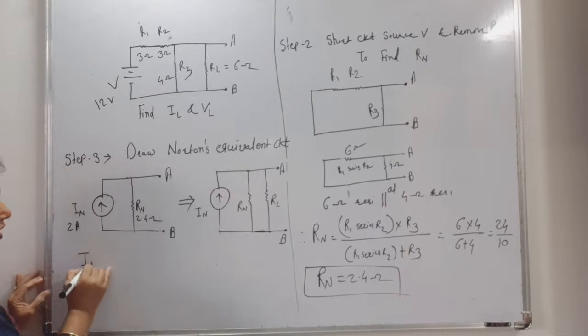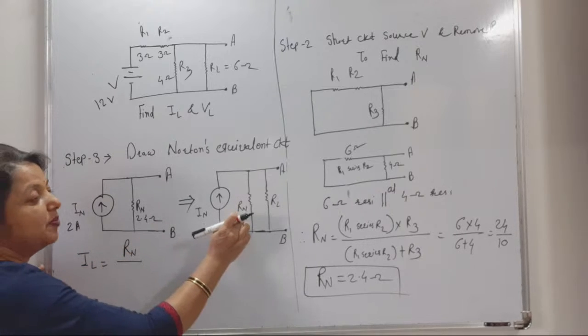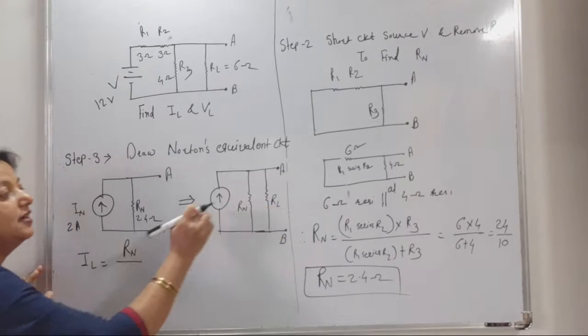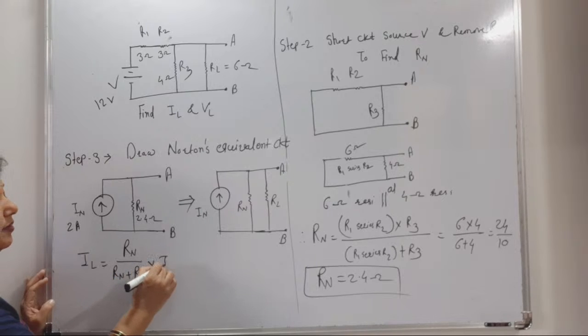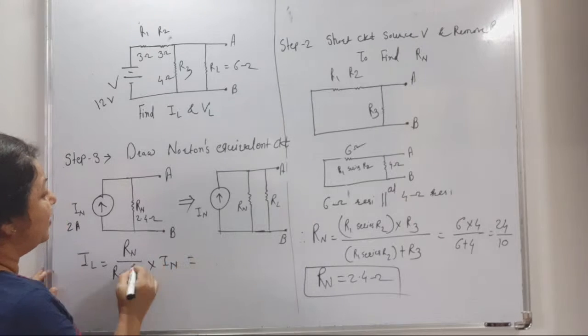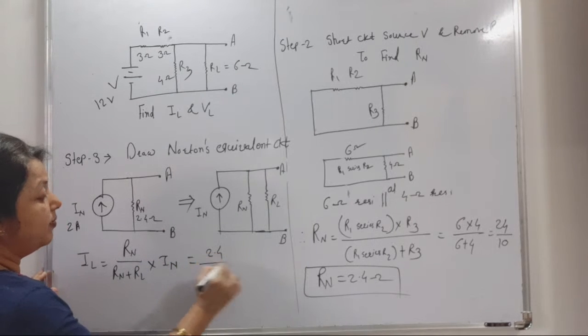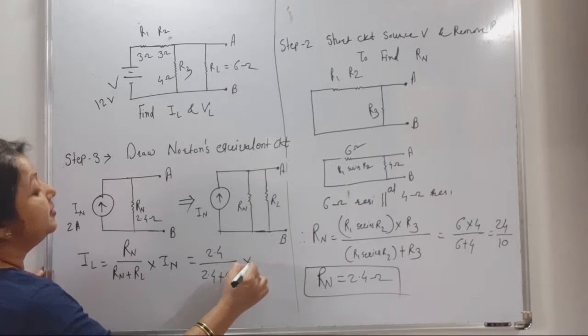Now how do you find IL? IL is equal to RN upon RN plus RL multiplied by IN. Okay. So what is the value of RN? 2.4 upon 2.4 plus 6 multiplied by 2.